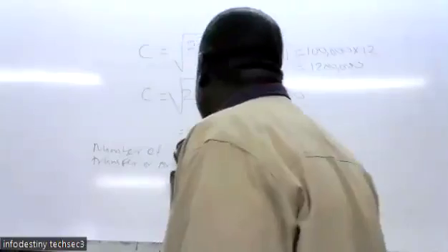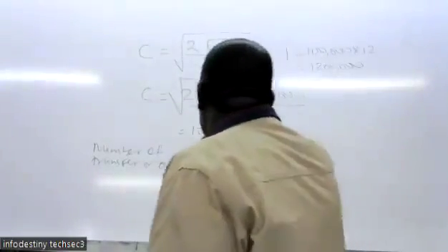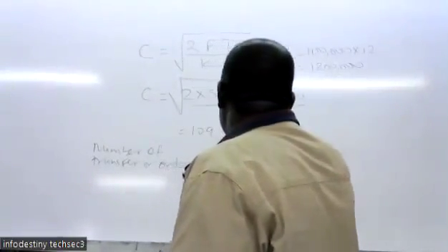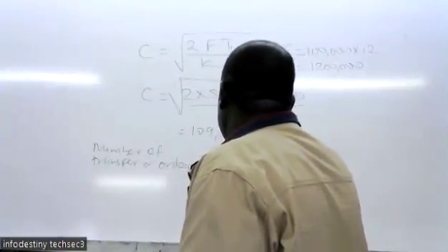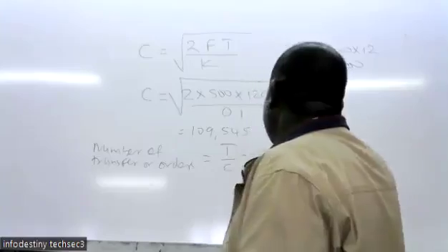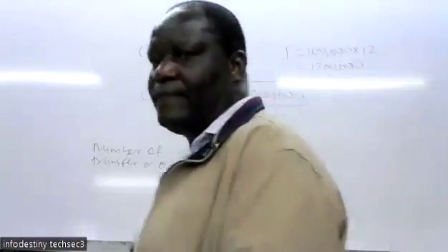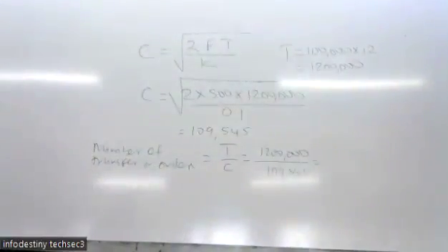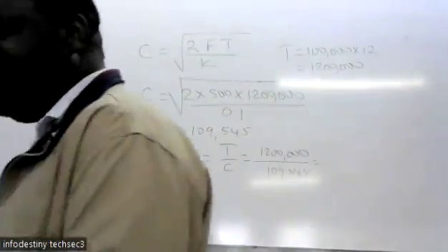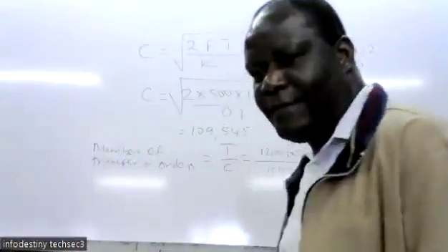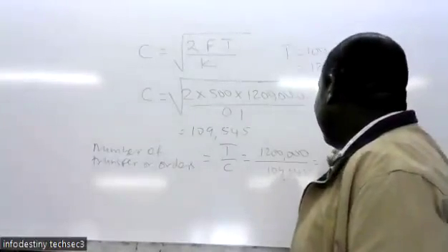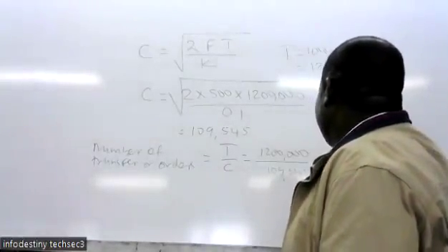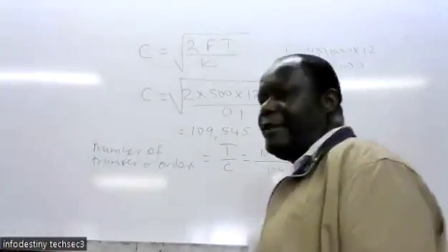T is 1.2 million. C is 109,545. You get 11 orders. So it is 11 orders or transactions.